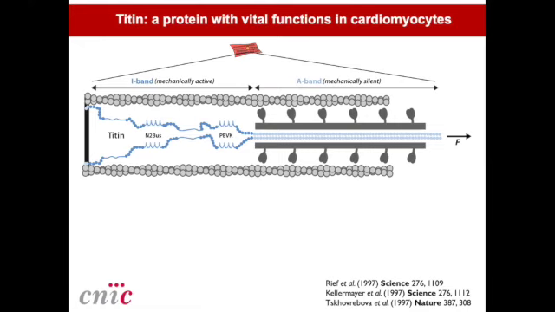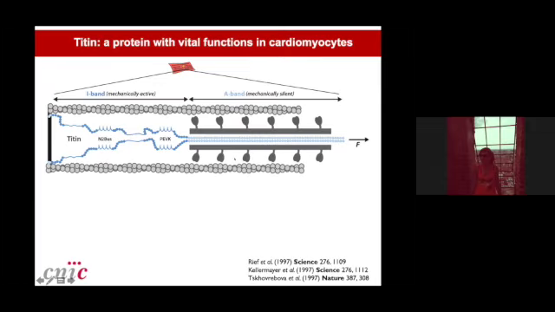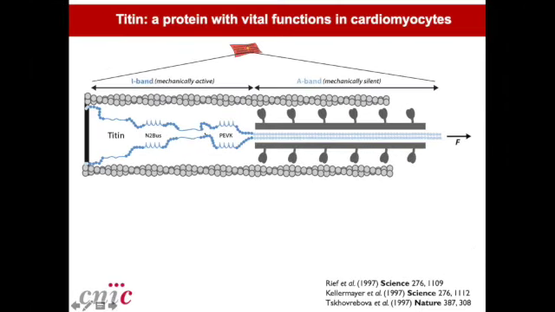As I said before, titin plays a key role in mechanical sensing and transduction in cardiomyocytes. Titin has an important role in maintaining passive stiffness in cardiomyocytes, and has this mechanically active region in the A band, which is a spring-like region in which we have changes in the conformation of this region.